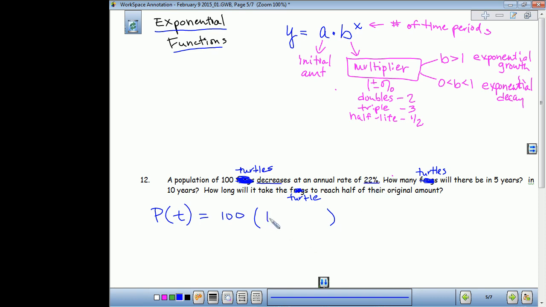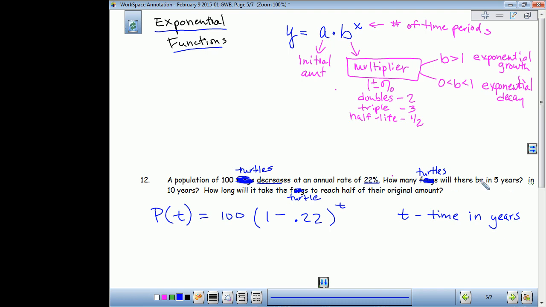So decreasing would be 1 minus, and we always take that percentage and rewrite it as a decimal, so that would be 0.22. And we would let t be our exponent, where t represents time in what unit? Years. Good, time in years. Okay, so this is a great exponential function that models this situation.